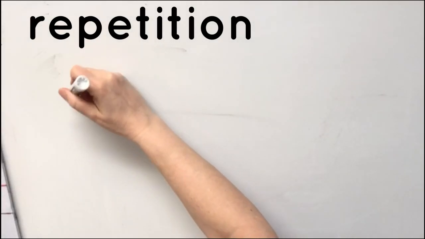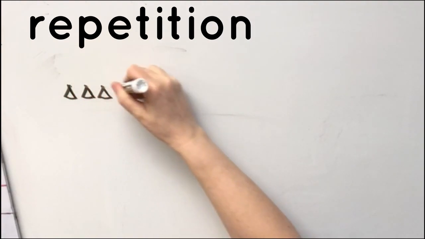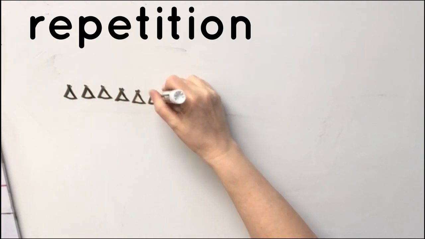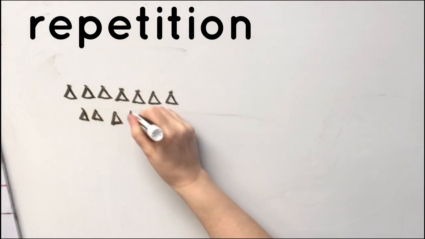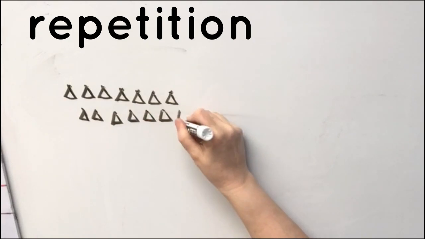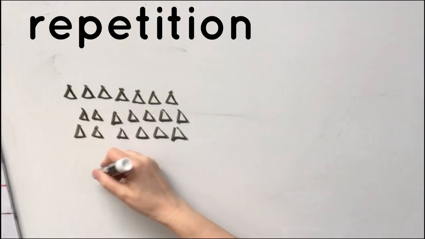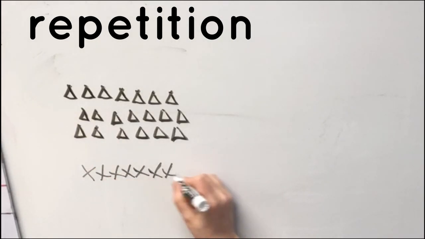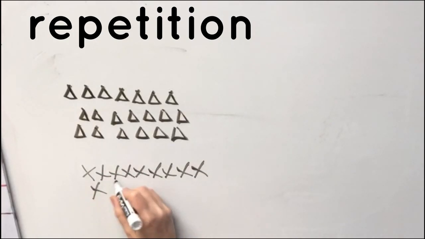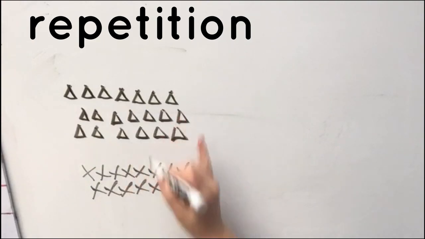So it could be a shape like a triangle, or it could be an X. And it doesn't have to be in rows like these are.